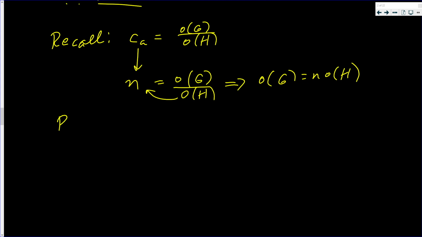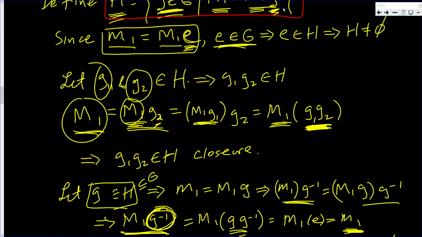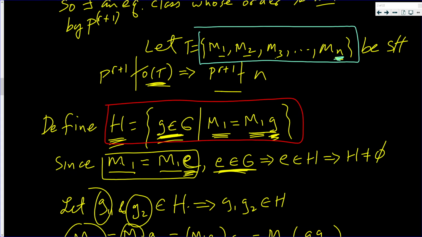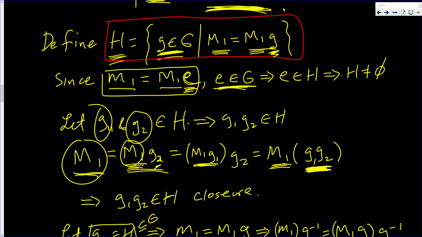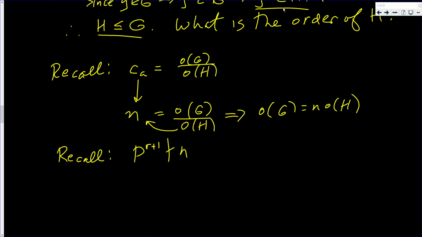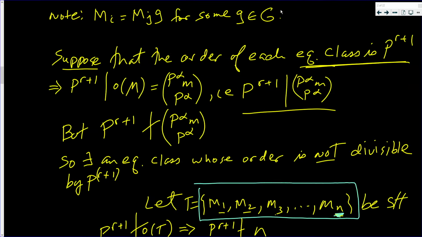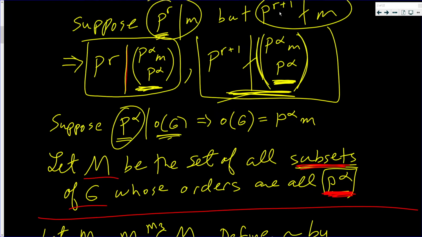Okay, recall, I made a big deal about this one, that P to the R plus 1 does not divide N. Yeah, that's what I made the big deal about. P to the R plus 1 does not divide N. And P to the R does divide N. Remember, the largest power of P that divided that number N from the very beginning was R. Let us look at that.